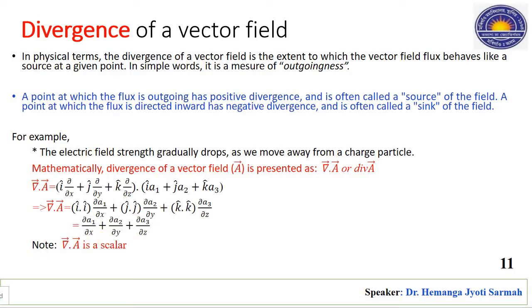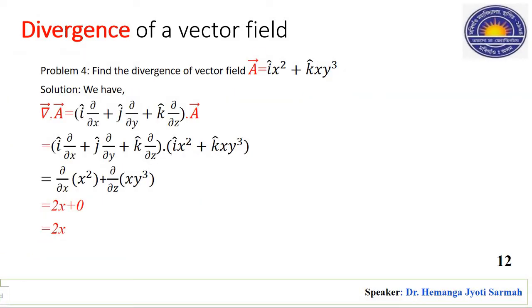That's simple. So we are taking an example here. We are taking a vector field A equal to i cap x square plus k cap x y cube. We have to find the divergence of it. As per formula, we put it in like this, inserting A from the equation, and after simplification, we are getting d by dx of x square plus d by dz of x y cube.